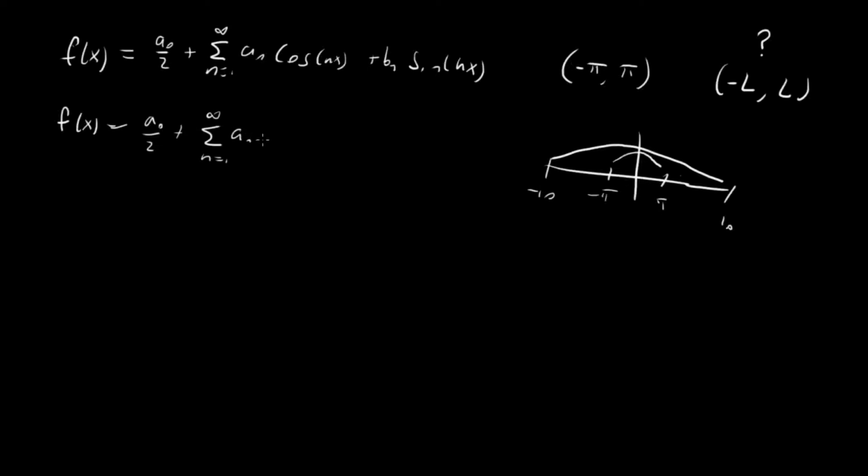So I'll keep this a_n here, and then this cosine. And then something different is going to happen. We know it's going to be a linear shift, so there should be some factor of L that shows up in here. And we know that when we set L equal to pi, we should just get back this ordinary series right here.